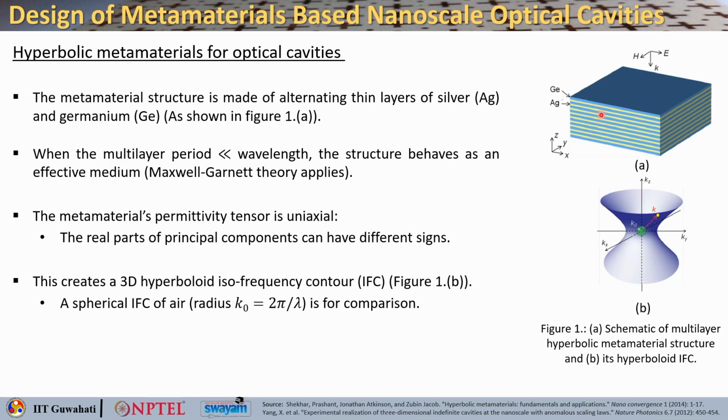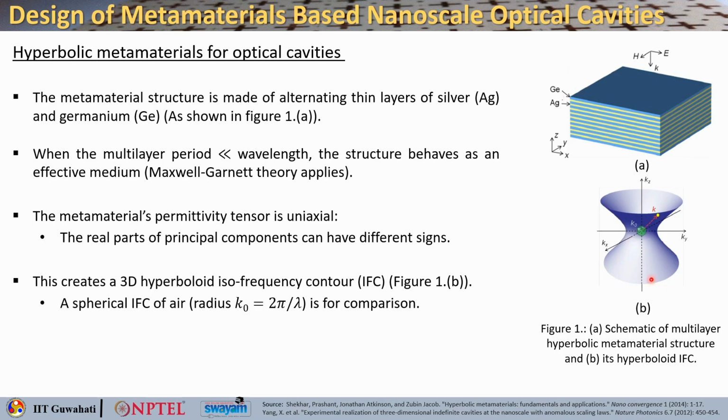Now, because it is a metal dielectric kind of interface, you will see that one will be positive, the other one will be negative, and when the principal components have different signs, you get hyperbolic dispersion curves, right. So, this basically creates this kind of type 2 hyperboloid isofrequency contour.